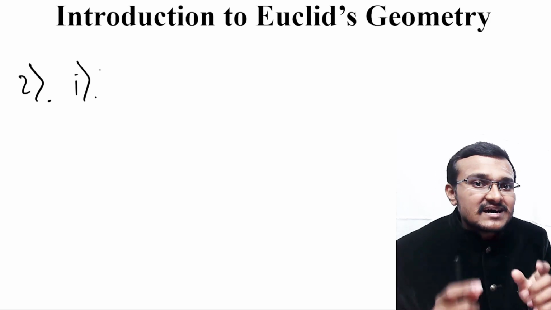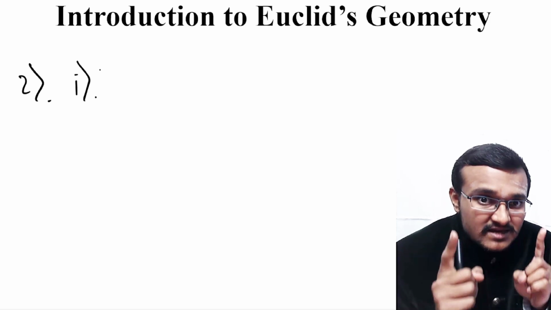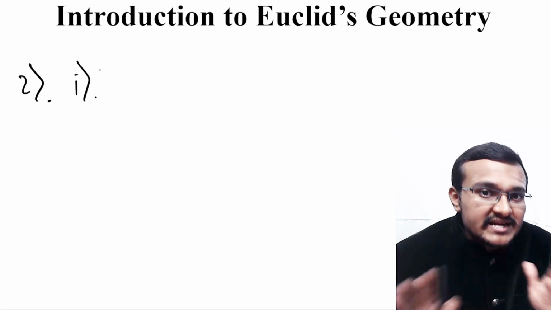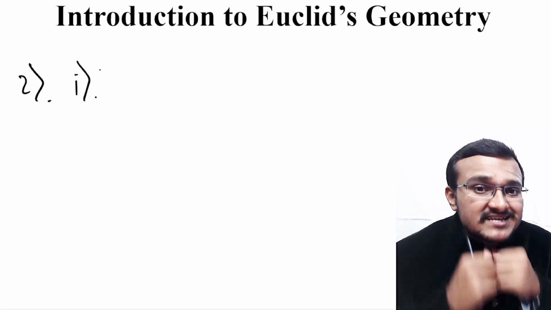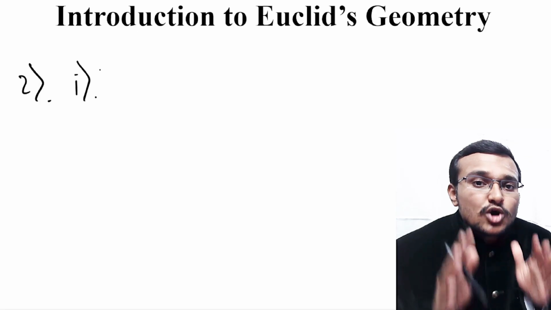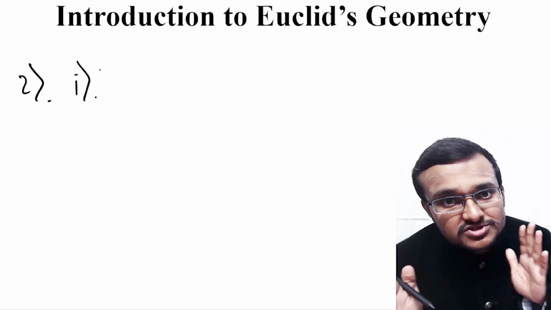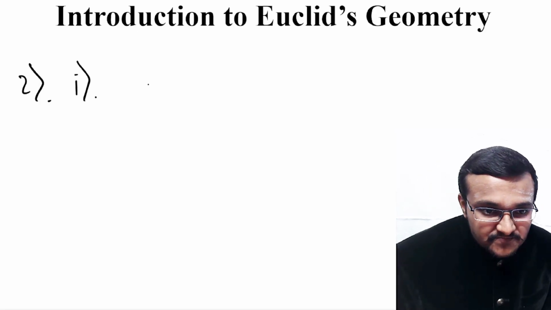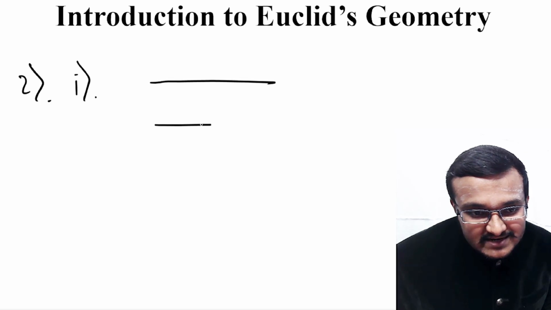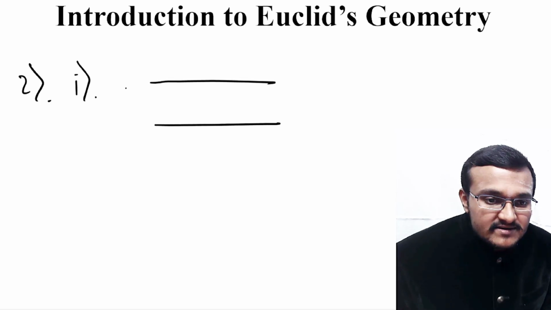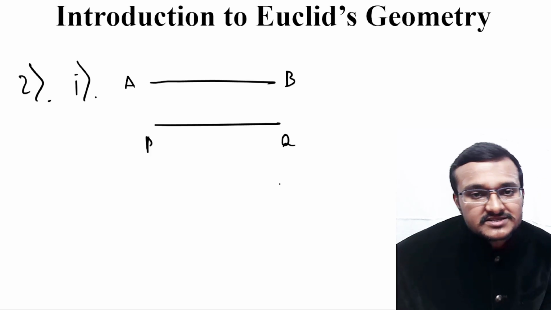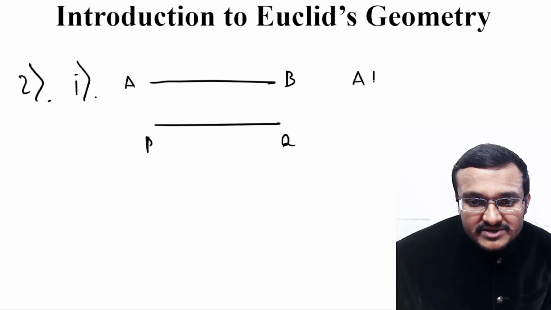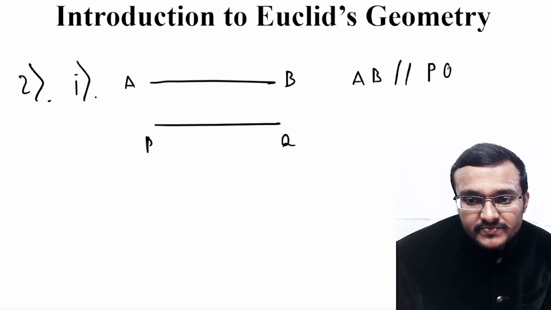Parallel lines are two straight lines which never meet anywhere, and there will be no single point common for the two straight lines. For example, if I draw two straight lines like this, here AB is one straight line, PQ is another straight line, and AB is parallel to PQ.